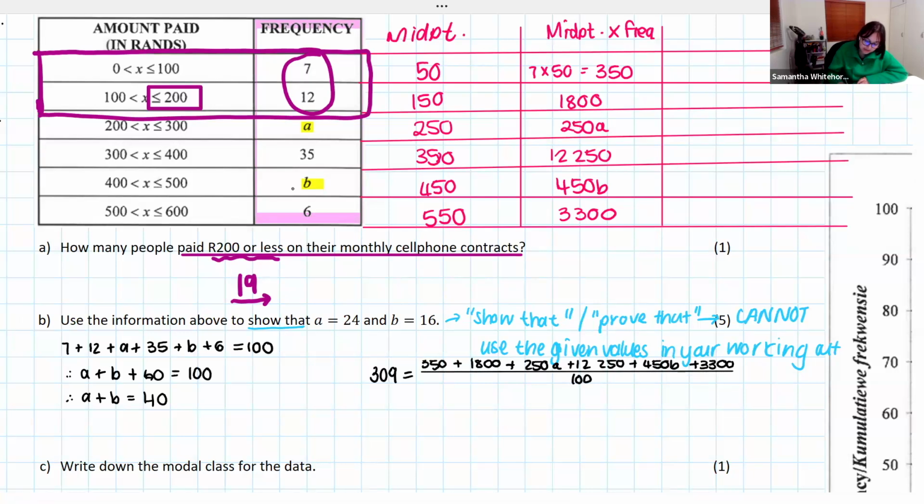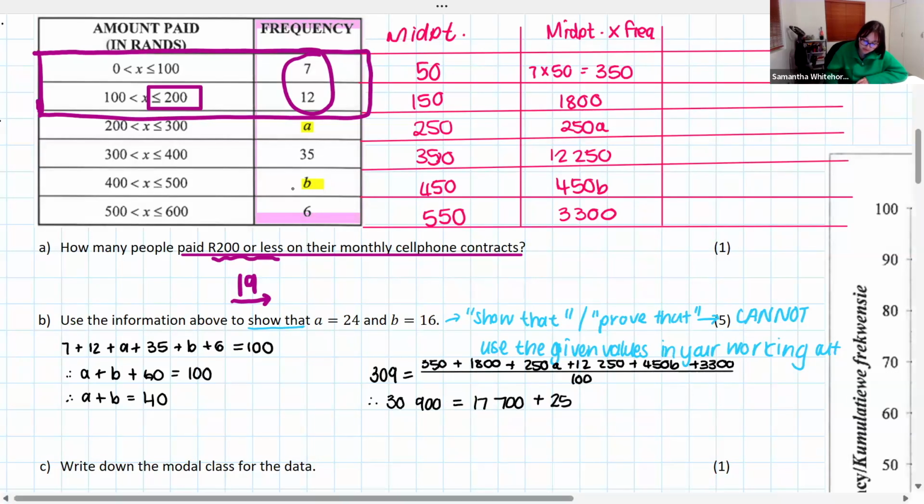I'm going to neaten things up, but get rid of the fraction, so times both sides by 100. 30,900 is equal to, if you add up all of the constants in your fraction, you get 17,700 plus the 250A plus the 450B.